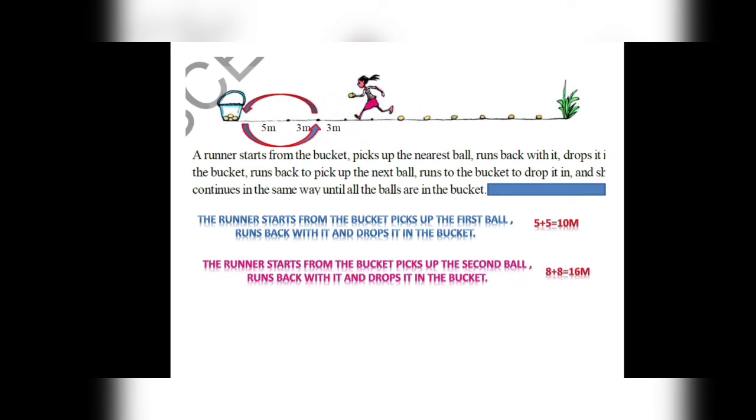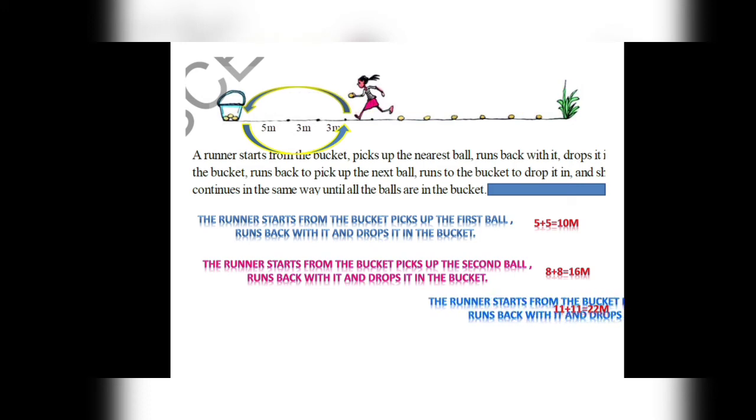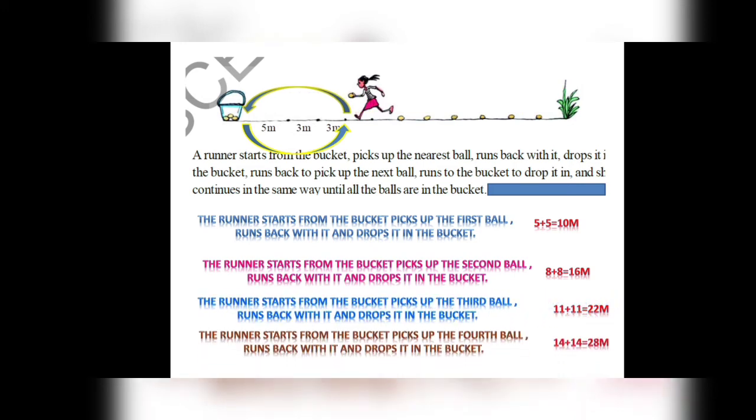And in the second round, again he has to start from the bucket and run a total distance of 8 meters to pick up the second ball and return back to the bucket covering another 8 meters to drop it in the bucket. So a total of 16 meters is covered in the second round, which makes our second term in the series.